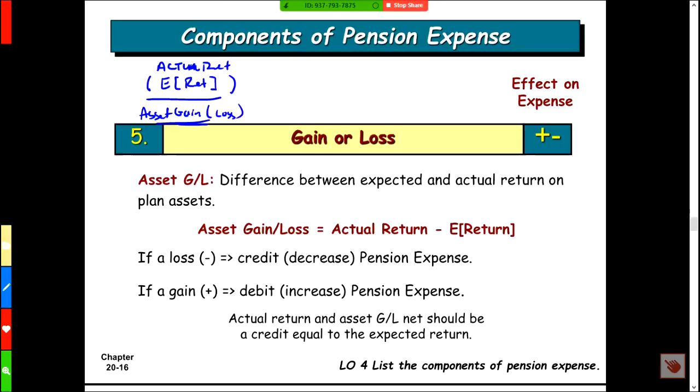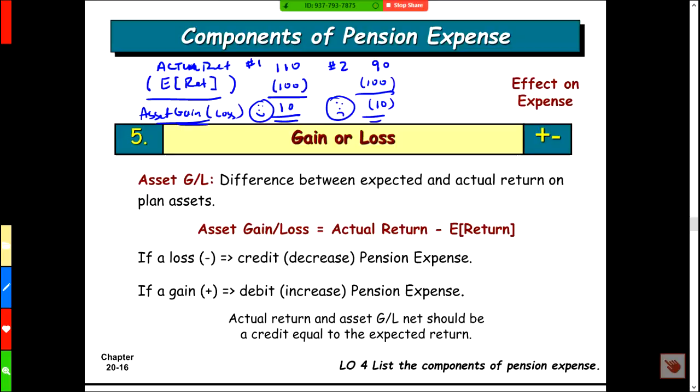Okay, so very simply, let's say your investments earn $110 and you expected 100. Well, then you would have a gain, right? This is scenario number 1. Second scenario, you got 90, but you were expecting 100, so minus 10, a loss.